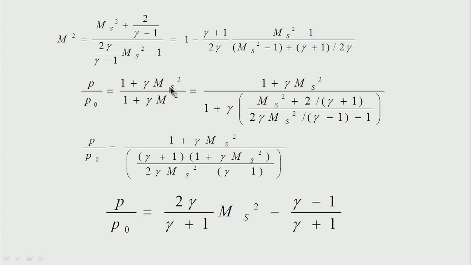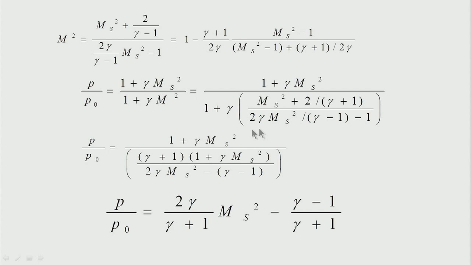Therefore, I have 1 plus gamma Ms squared in the numerator being the same. For M squared, I substitute this particular value, I get Ms squared plus 2 divided by gamma plus 1 divided by 2 gamma Ms squared into gamma minus 1 divided by 2 over here. And therefore, now what is it? I have also taken similarly the value of gamma over here, 2 over gamma minus 1, and therefore, I get 2 gamma Ms squared divided by gamma minus 1, Ms squared minus 1 over here.